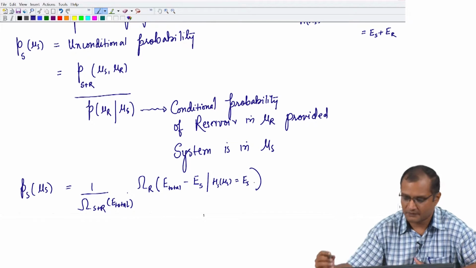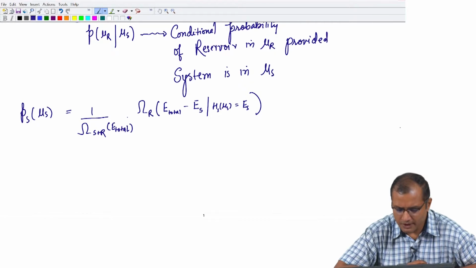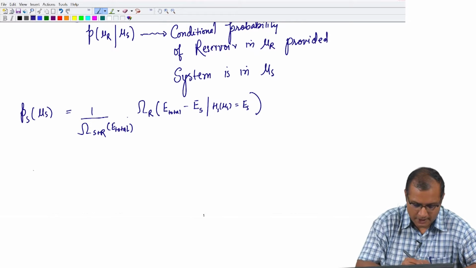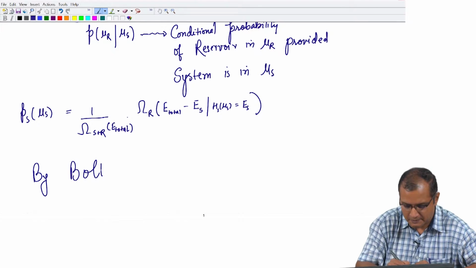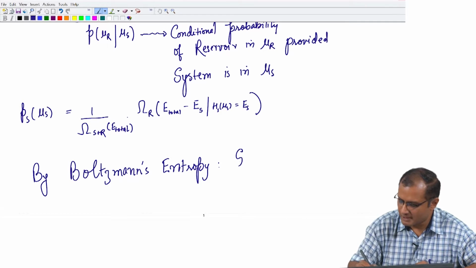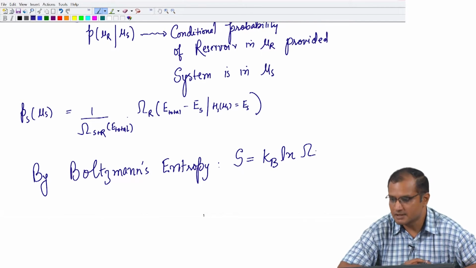Okay. That is the denominator, it has gone in number in terms of number of states, it has gone in the numerator. Okay. Now, you can think of it in the following way, that by virtue of Boltzmann's entropy, I can always write down my S as kb ln omega, if omega is a number of states.